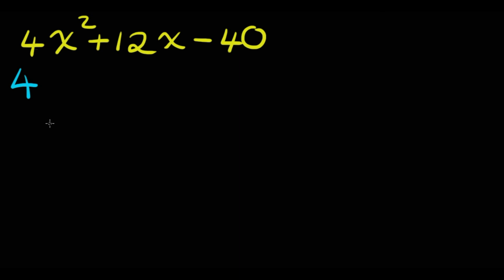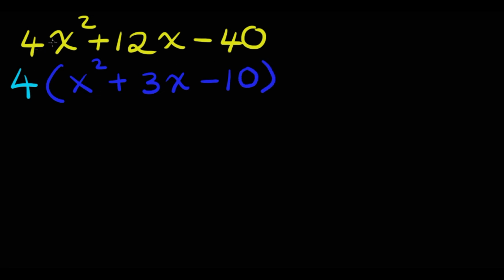And then we're left with x squared. 4 times what is 12x? Well, that's 4 times 3x. And then 4 times what gives you negative 40? That's negative 10.